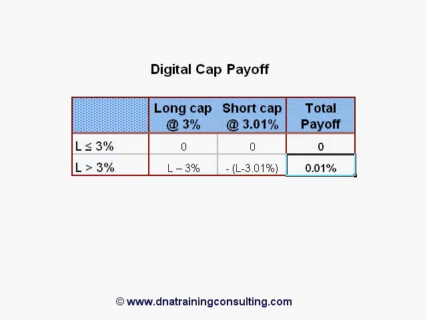Of course, we have left out the case in which LIBOR resets somewhere between 3% and 3.01%.